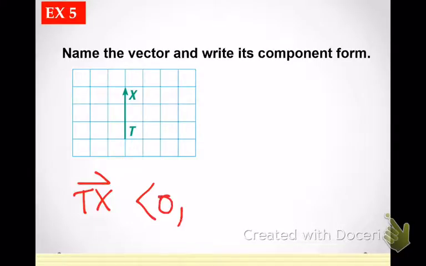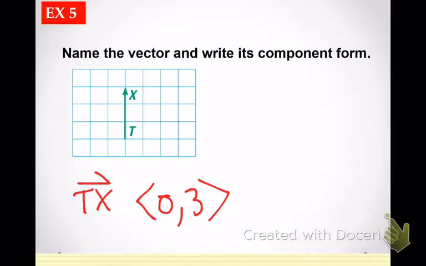Y value? 3. I just write it like that, Kayla. You don't put equals or anything like that. You just put it like that. Put it before it, yeah. Any questions on that one?